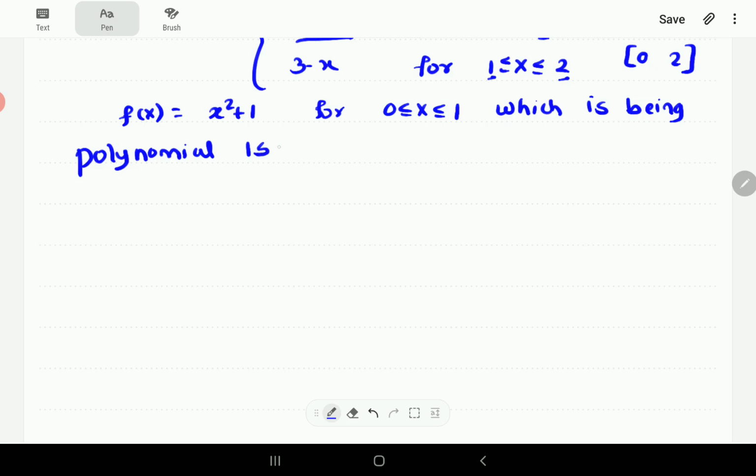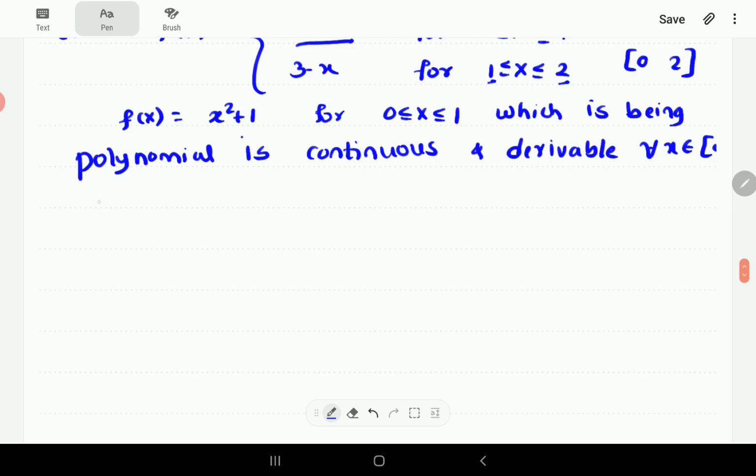Polynomial is continuous and derivable for all x belongs to the closed interval 0 comma 1. Okay, let us erase this one.